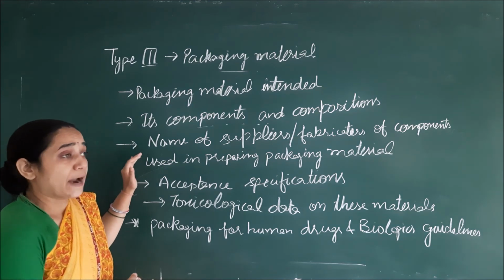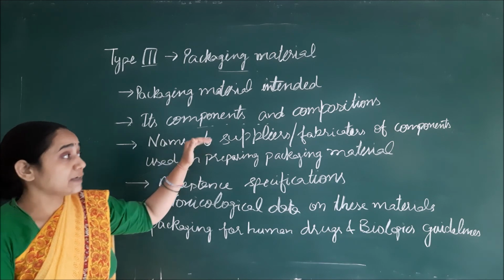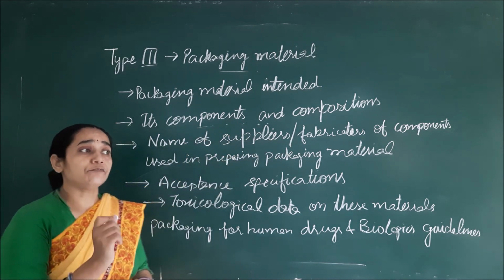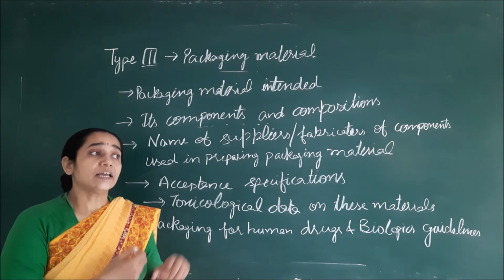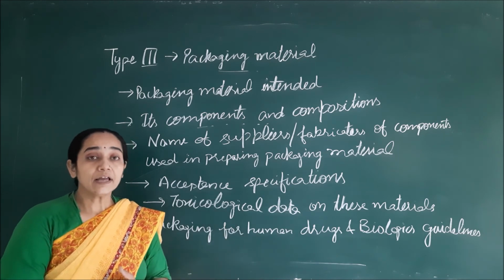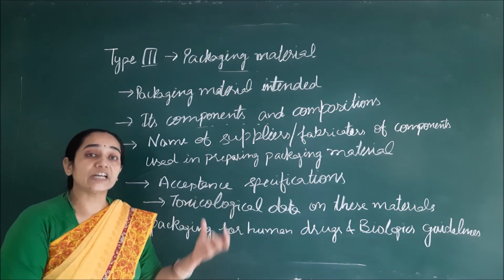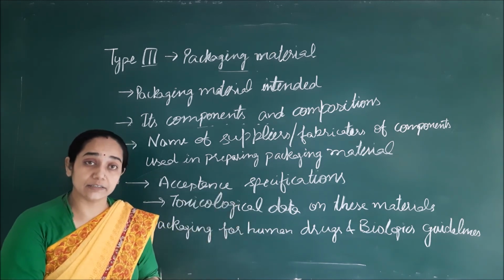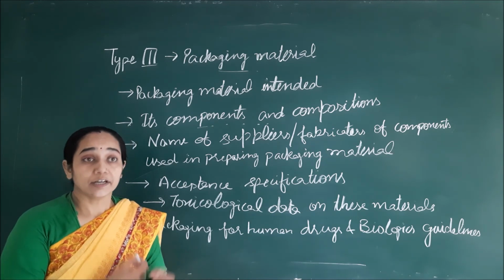Now the next part will contain the name of all the suppliers and fabricators of the component. For example, it is not necessary that the pharmaceutical industry will do all the things. They may take the raw material from a supplier, like the packaging components, those components which will be used to prepare a packaging material, and then they prepare their own packs at their manufacturing site.